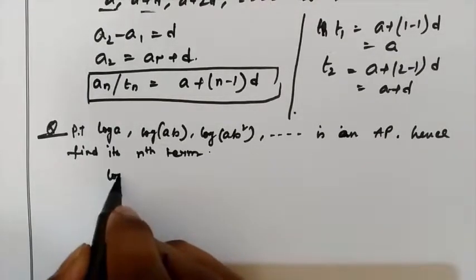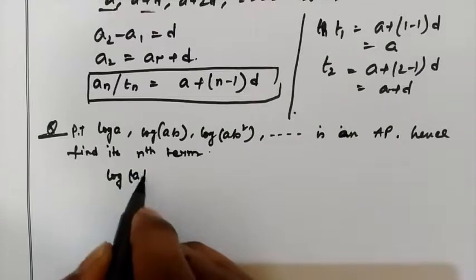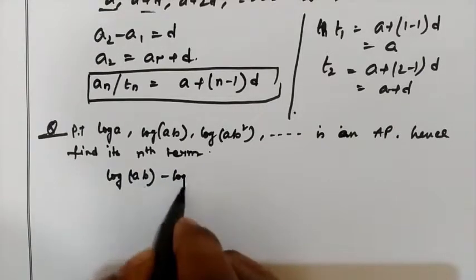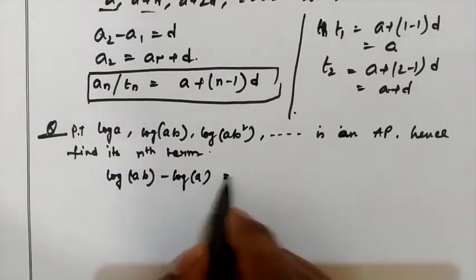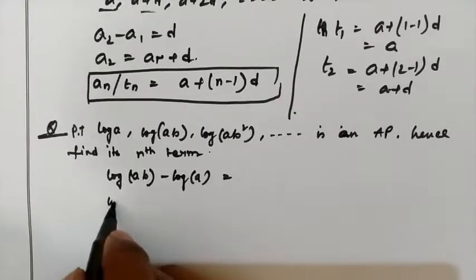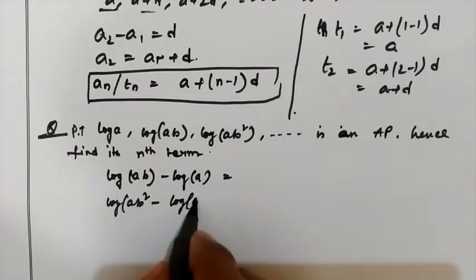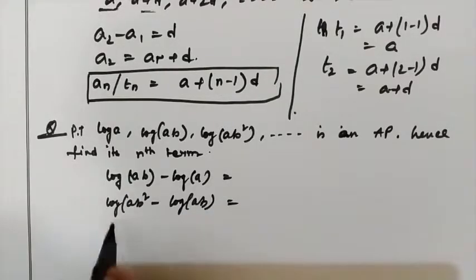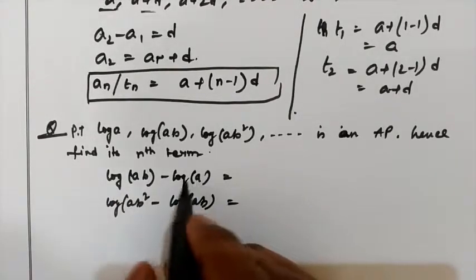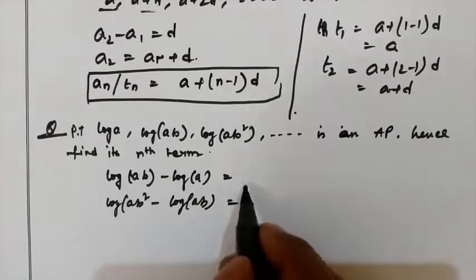That means log AB minus log A will be equal to log AB square minus log AB. In this way it will go on. So let's see whether it is coming equal or not.